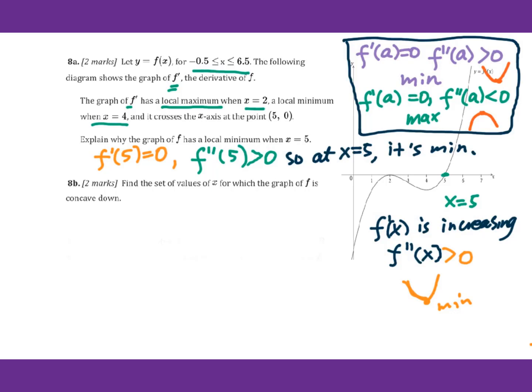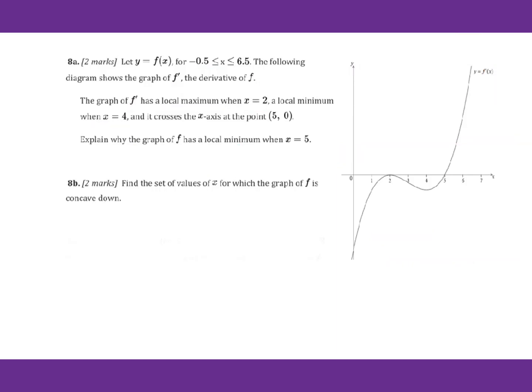For 8b, find the set of values of x for which the graph of f is concave down. Concave down means the second derivative of the function is less than 0, which means the first derivative is decreasing.